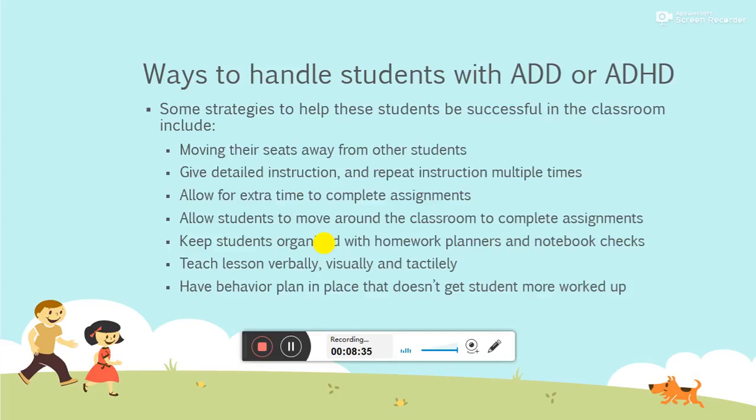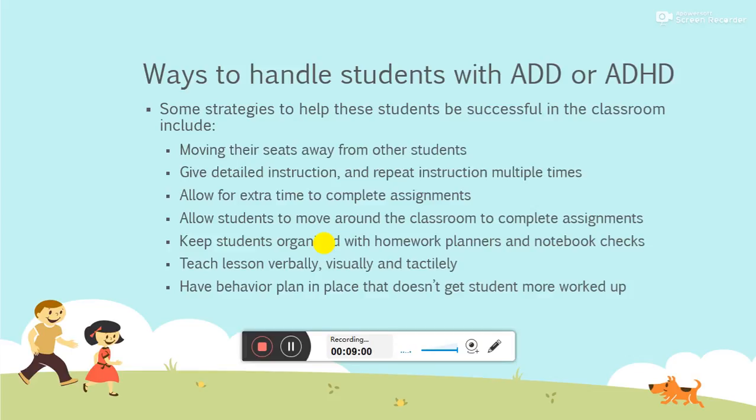Keep them organized with homework checks and checking their notebooks to make sure they're taking good notes. Just keep them on track and check in on them every now and then. Teach lessons through many different avenues: verbally, visually, tactilely. Not everyone learns the same way, and this is especially true for students with ADD and ADHD.